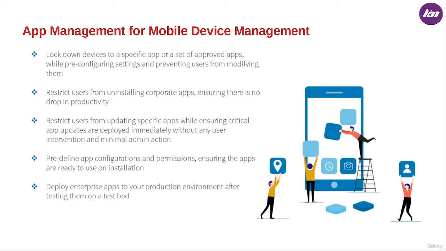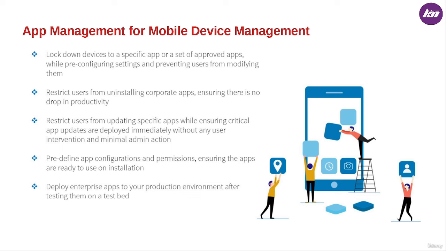Now, for app management, you could also lock down devices to have a specific app that you approve, and that's it. In other words, when I typically implement MDM for my users, I normally just enable what I need. I don't enable them to have games that they don't need that might have malware. I only enable maybe Signal for security reasons, and maybe Exchange apps, Office 365 apps, done.